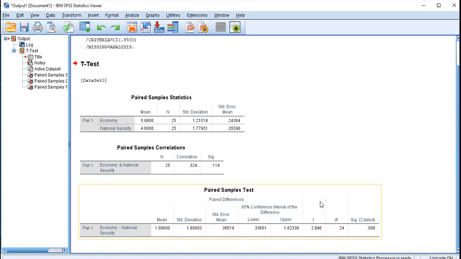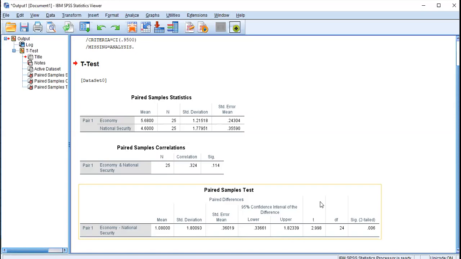It happens to be 0.006, which is a 99.4% confidence level. So this means that we are accepting the alternate hypothesis that there happens to be a significant difference as far as the mean score is concerned, and people are giving more importance to economy than national security. So something like this will be our answer to it.